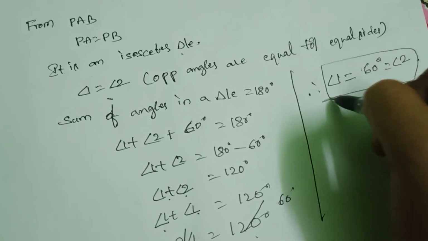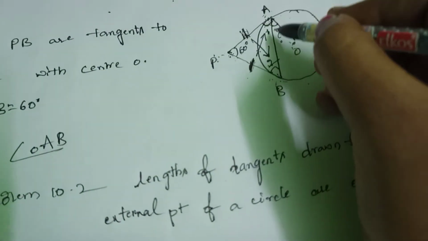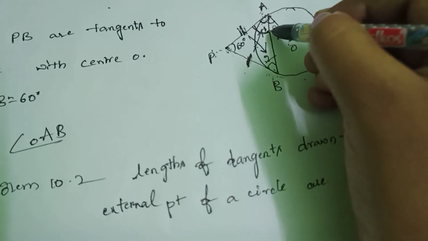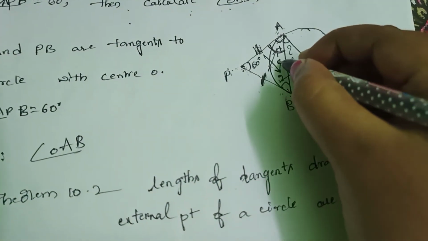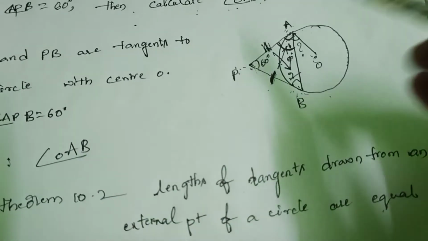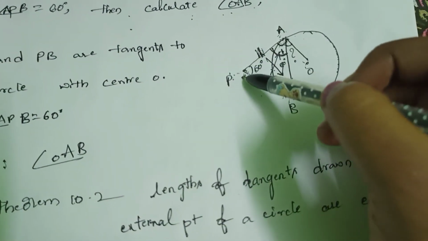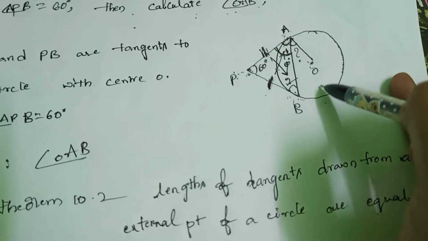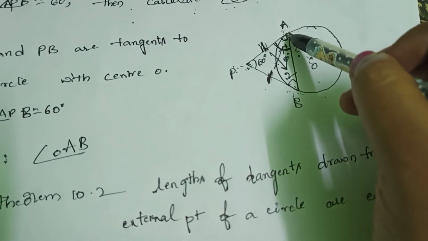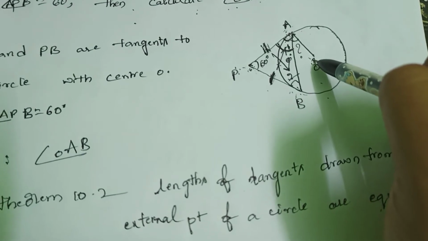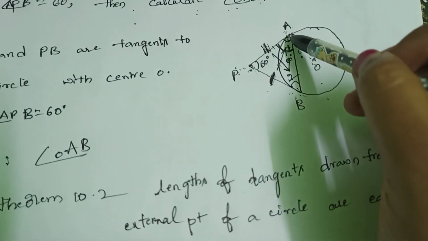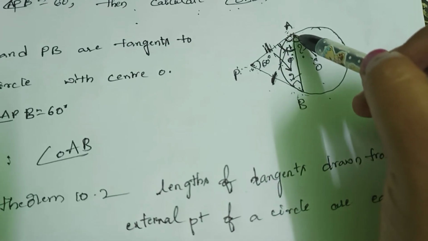Okay, here angle 1 equals this angle, equal to 60 degrees. Here PA is the tangent to the circle and OA is the radius of the circle. We know theorem 10.1: the radius and tangent are perpendicular to each other through the point of contact.